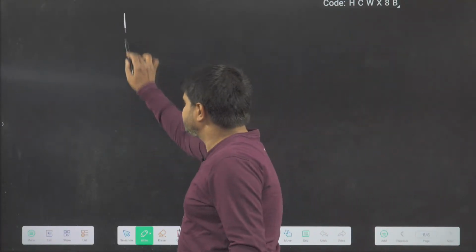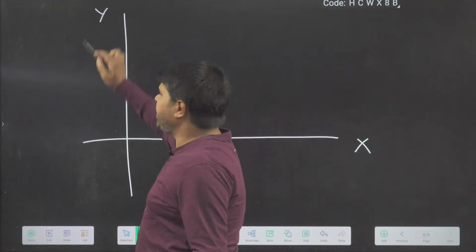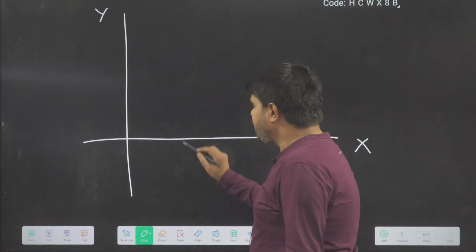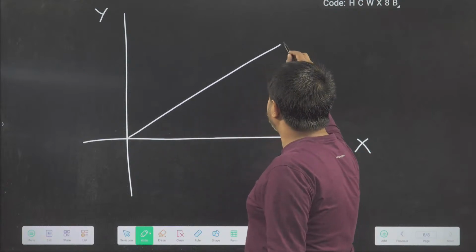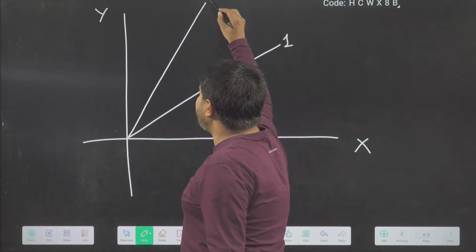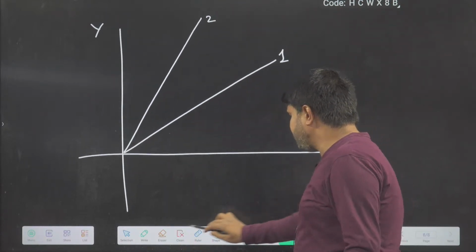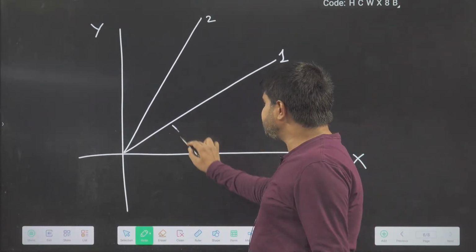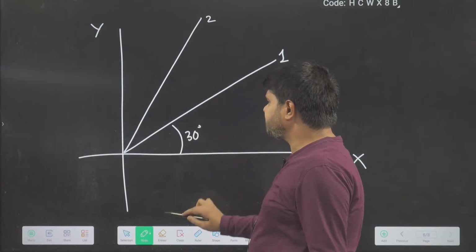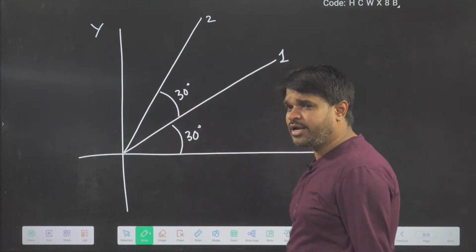Easy. The question is like this. X, Y. This is line number 1 and this is line number 2. This angle is 30 degrees, and this angle is also 30 degrees.